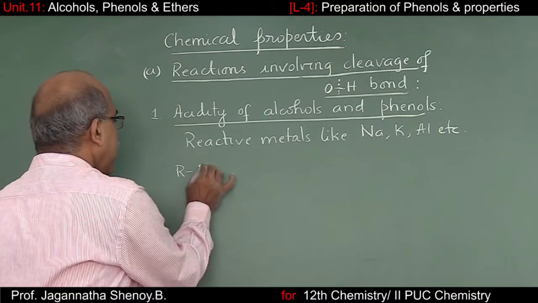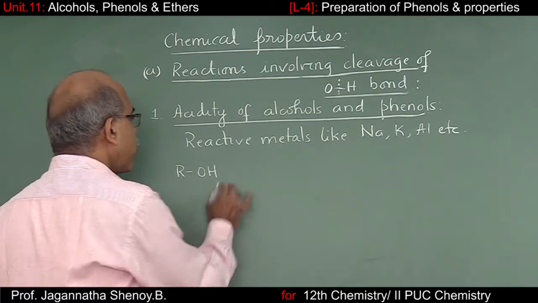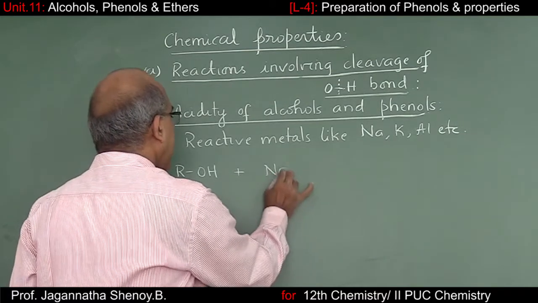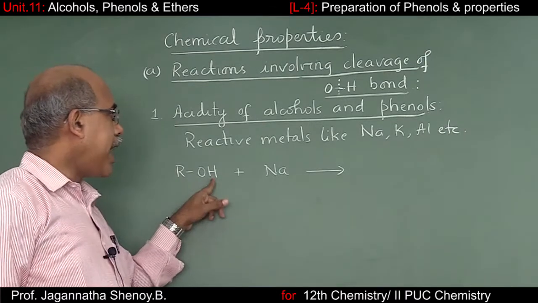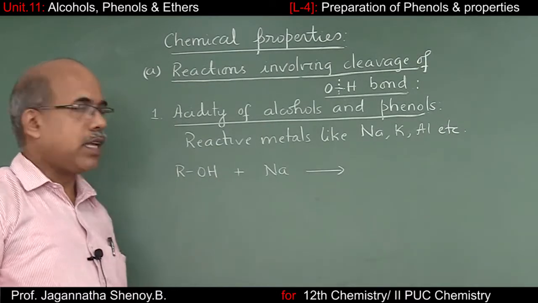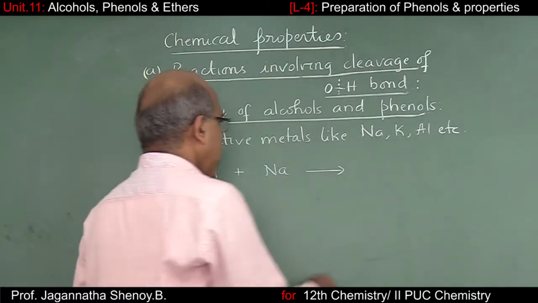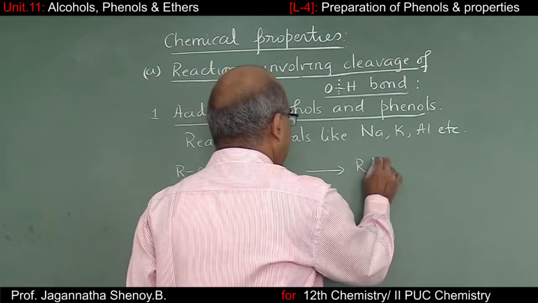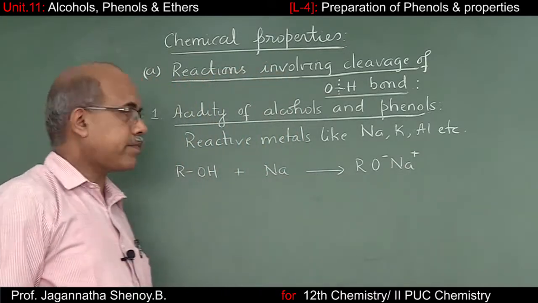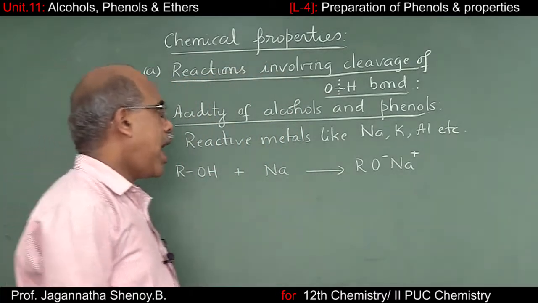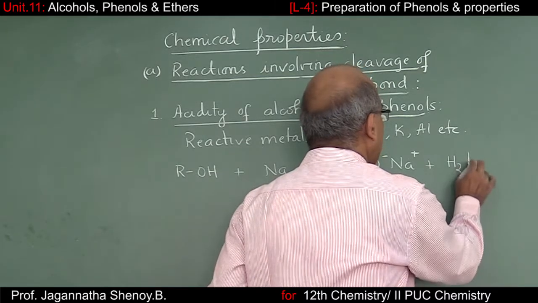The general equation I'll write: ROH reacts with sodium metal, Na, and this metal is able to replace hydrogen from the alcohol, and the position of hydrogen is taken up by sodium. So what we get is RO minus Na plus, and meanwhile, hydrogen is displaced. I can write it as an H2 molecule.